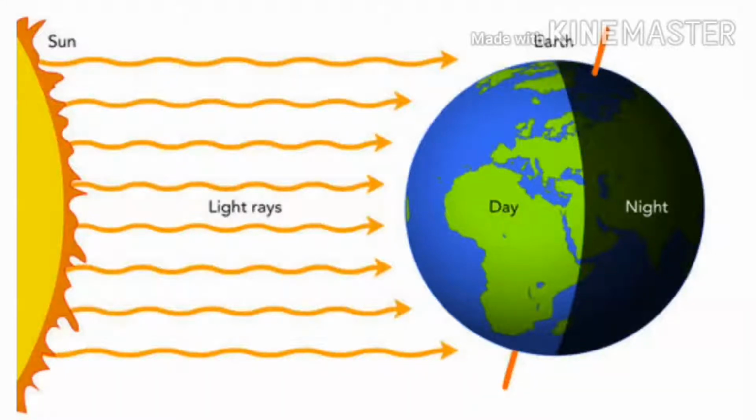The parts of the earth which faces the sun receives sunlight and experiences daytime. The other side of the earth does not face the sun, experiences darkness, and so it is night there. Thus, day and night on the earth occur because of its rotation.